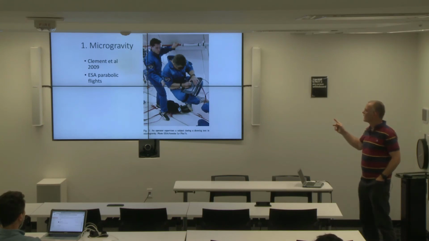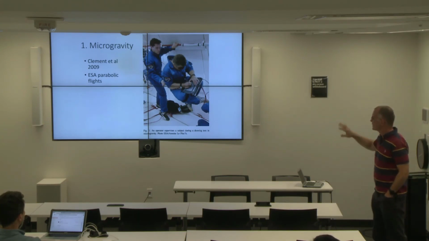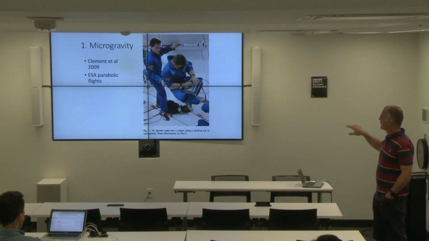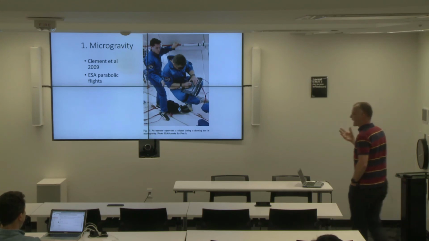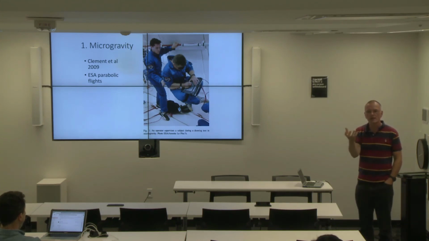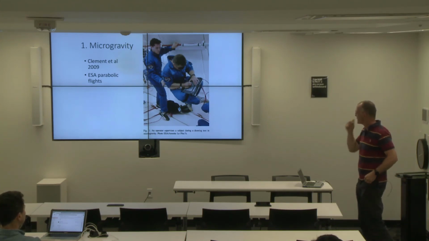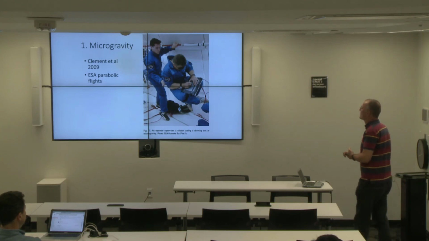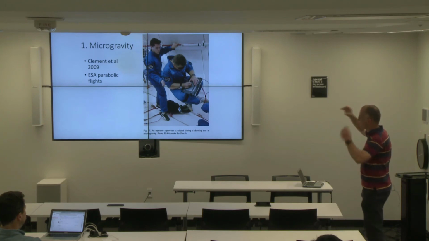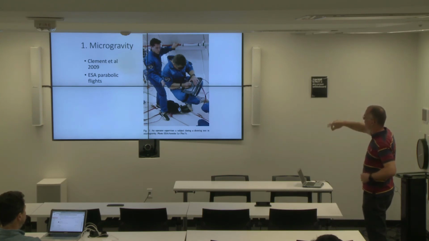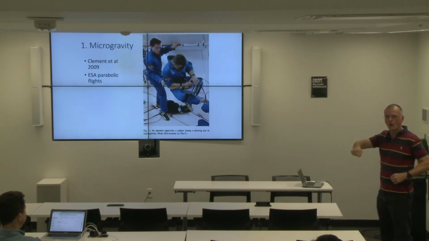Here's a famous experiment by Gilles Clément and others that they did on parabolic flights to look into that very question, is how is gravity internalized? And they had people do a number of things. Here you see an astronaut with blindfold on. They had to draw objects, right?